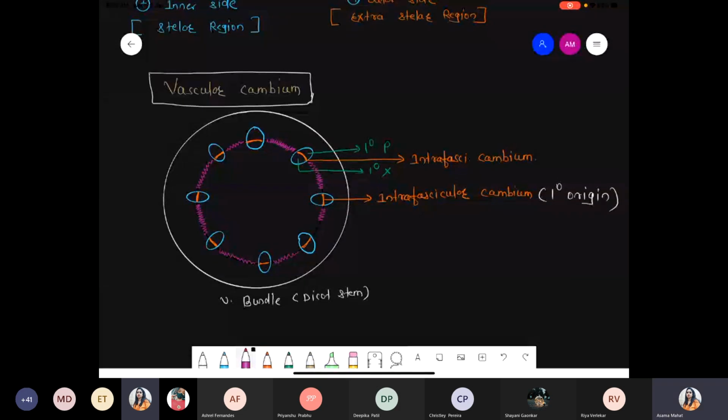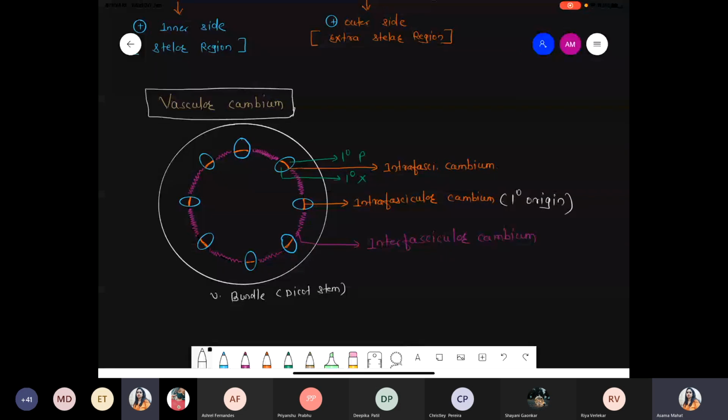So between two vascular bundles, we draw here another type of cambium, and that is called the interfascicular cambium. Why are we using the word inter? Because it is present between two vascular bundles. Yes, Komal, very nice. Obviously, they are secondary in origin because they form later. यहाँ तक कोई doubt है? Any doubt from this area?